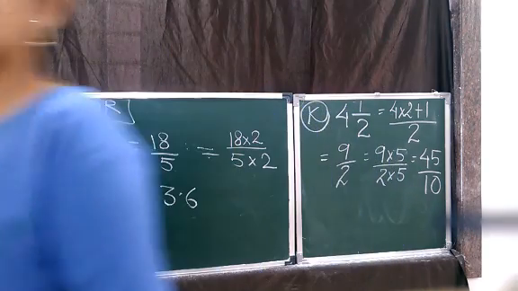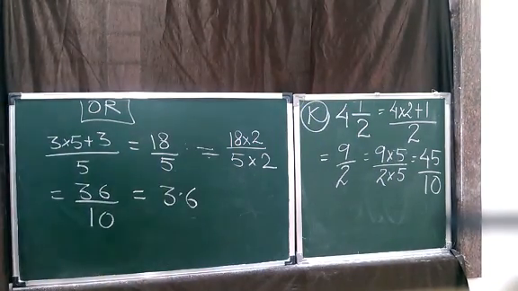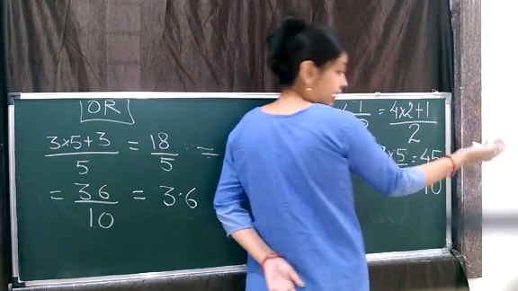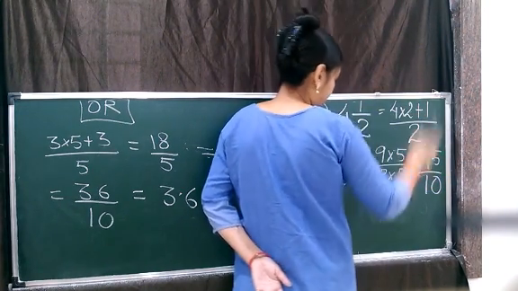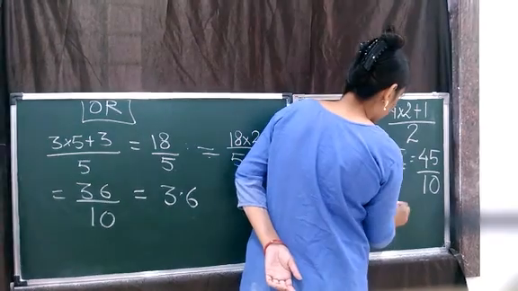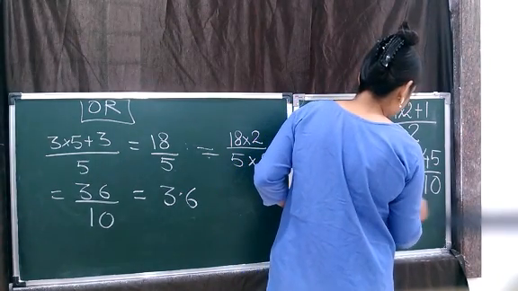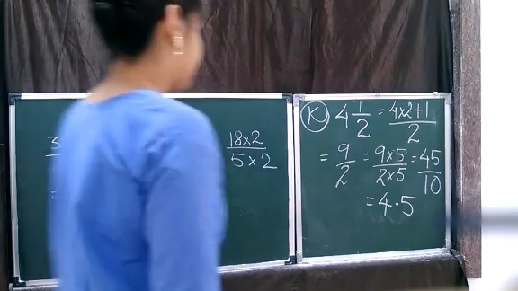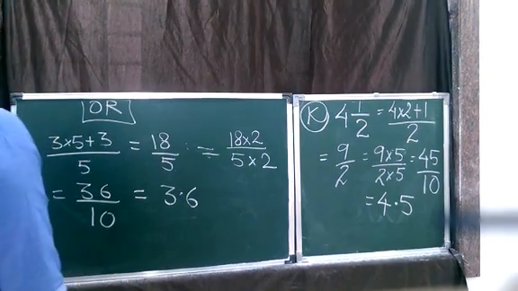That means 1 place decimal, children. So from the right side, 1 digit, before 1 digit, we put a decimal. So the answer comes out to be 4.5. This completes K.